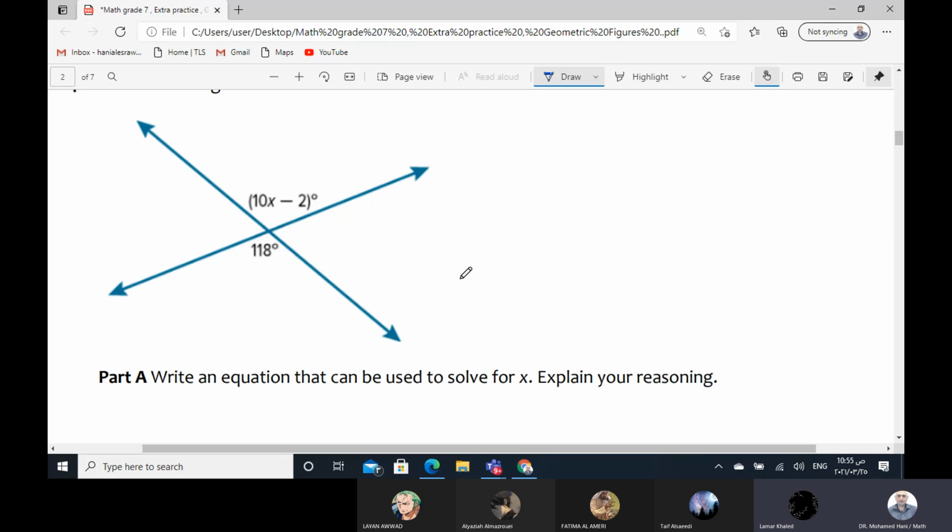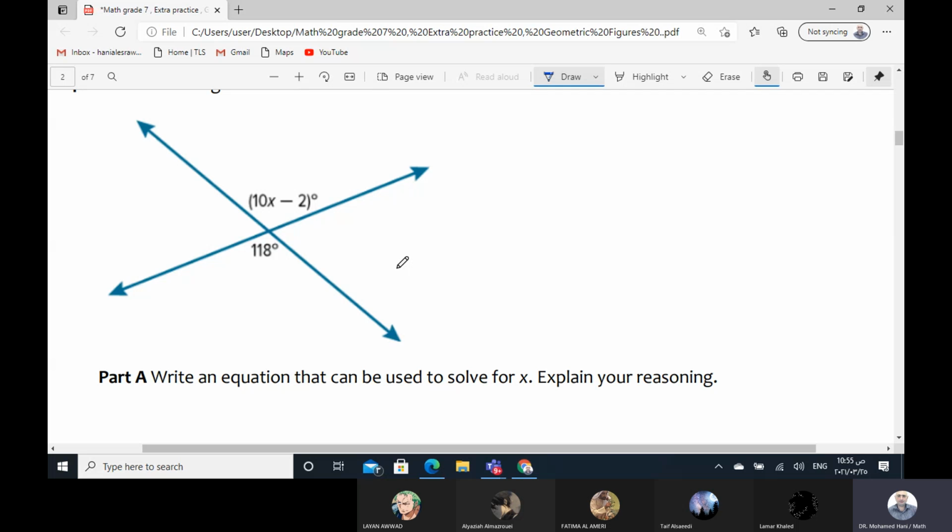Maybe 10x minus 2 plus 118 equal 180. No, or 90, because the sum of the two angles here is not a straight line. This is vertical angles, not adjacent.